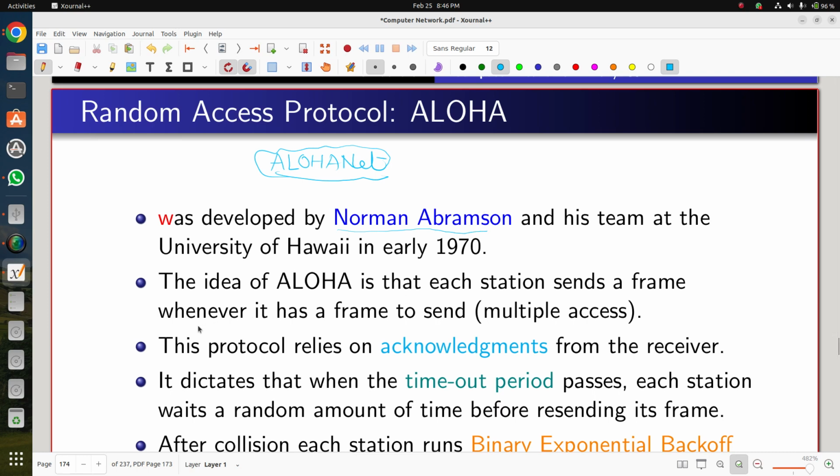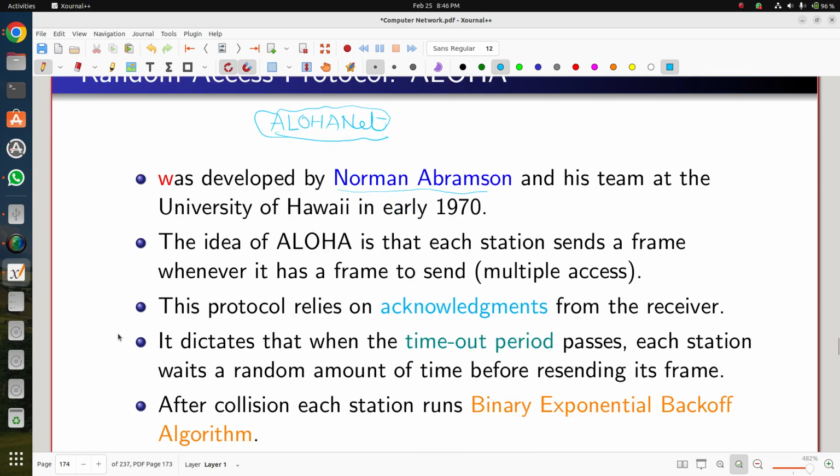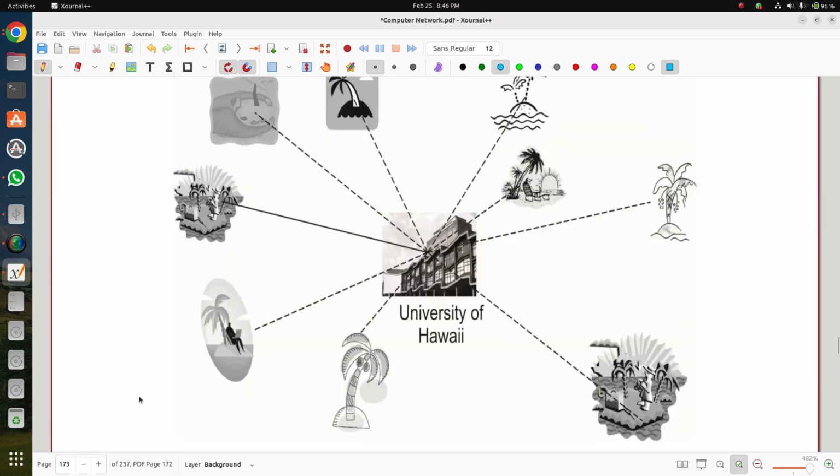Now let's talk about how this protocol works. Suppose there is a central computing facility here, maybe a very powerful computer that is to be shared by everyone, and here you have different stations that want to access this computing facility. Aloha is a contention based protocol, because every station will broadcast.